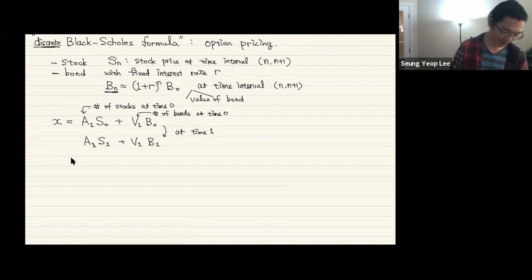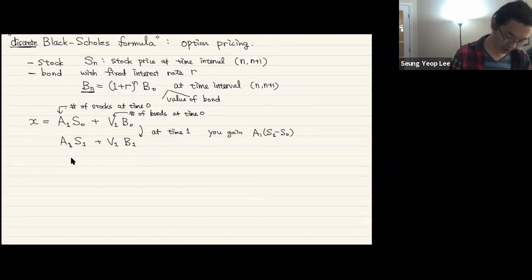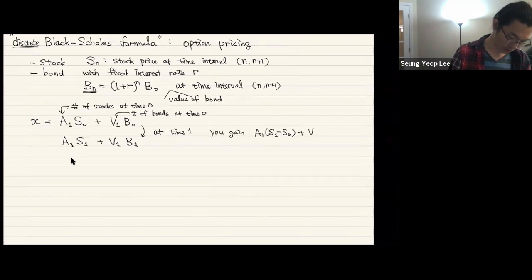So how much do you gain? You gain A1 times (S1 minus S0), the amount of the change in stock price, plus the amount of change in the bond price. That's your gain, right?